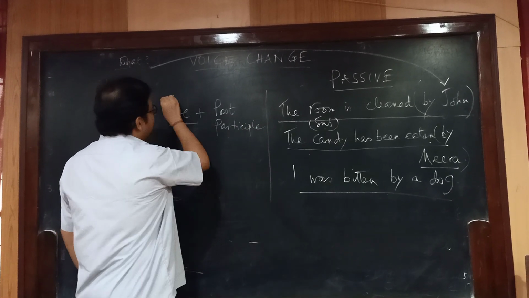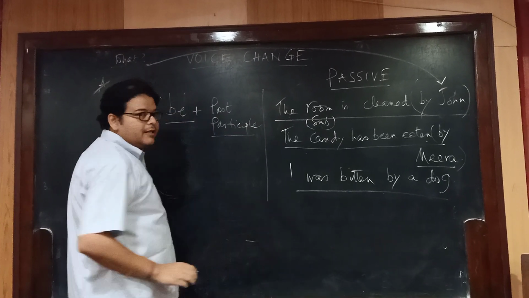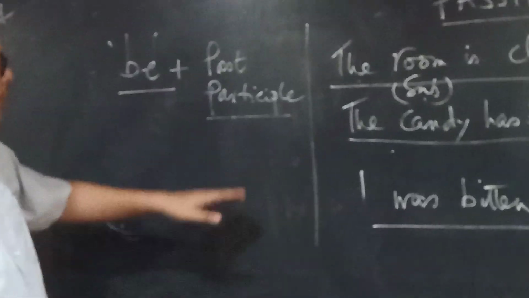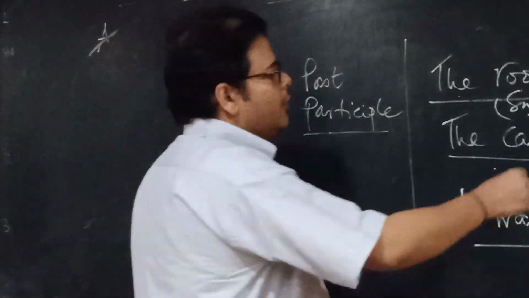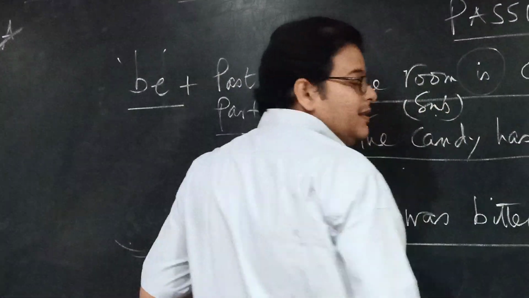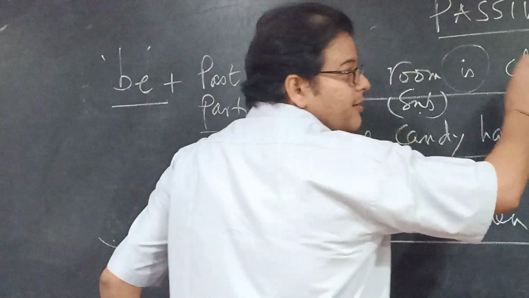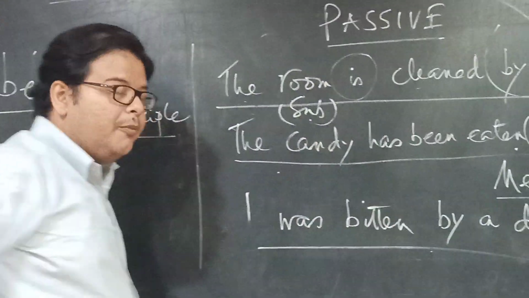So, be verb plus the past participle, or the third form in that chart. So, is cleaned: is is the be verb, cleaned is the past participle form.